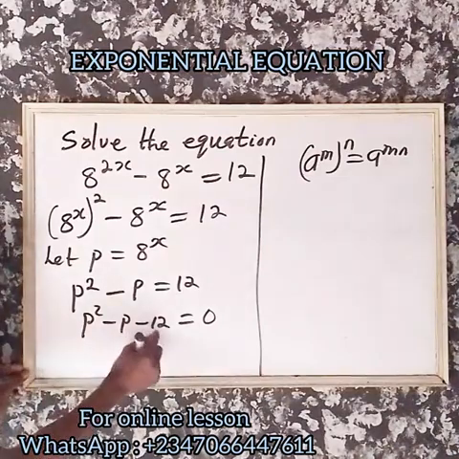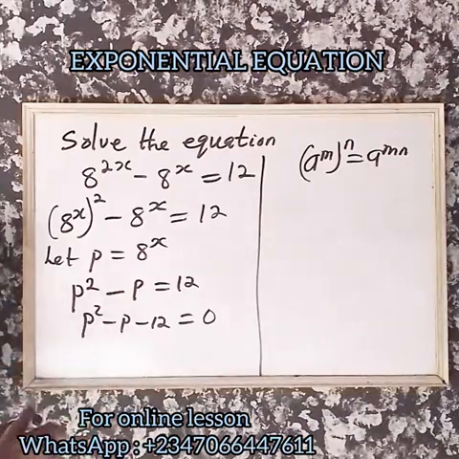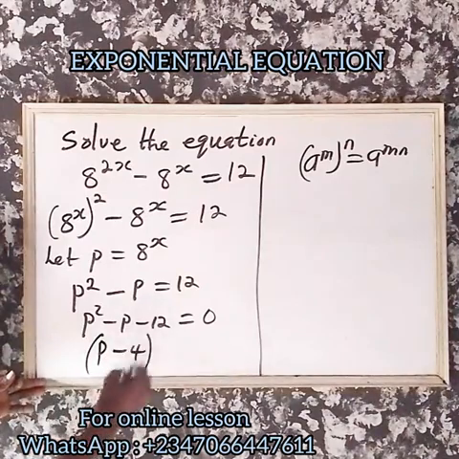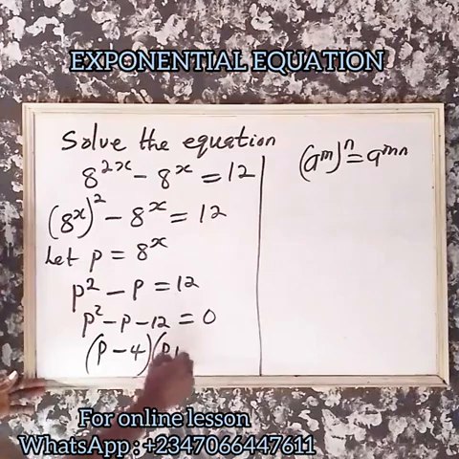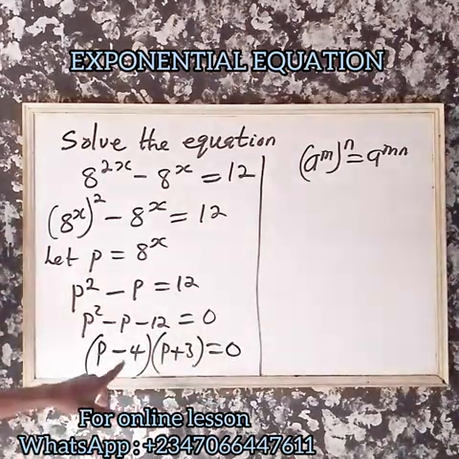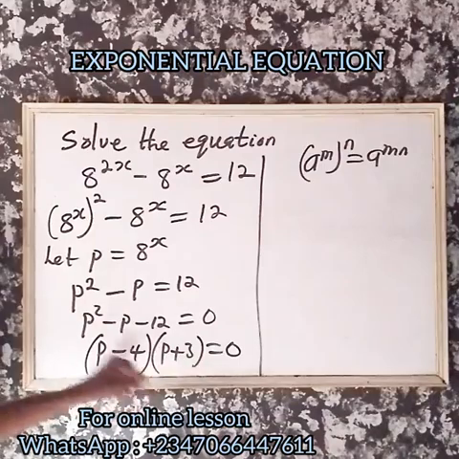So in this case we have 4 and 3, which means we are going to have negative 4. So here we put p minus 4, then here we have p plus 3 equal to 0. Because negative 4 times 3 gives you negative 12, and negative 4 plus 3 gives you negative 1.